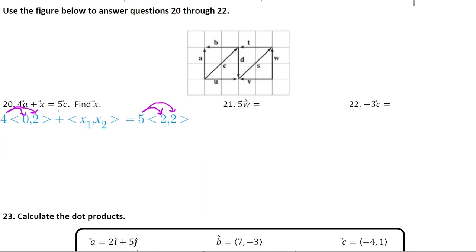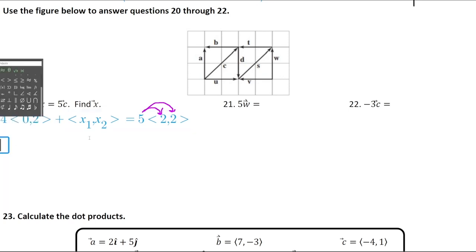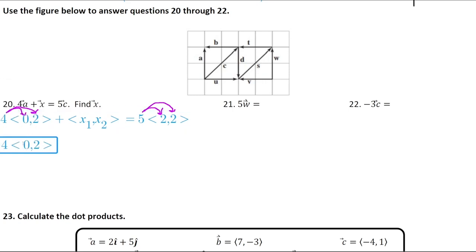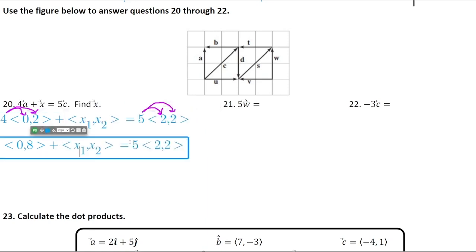Well, maybe it won't let me do that. Camera really does not like these little vector symbols, but no worry. Okay.